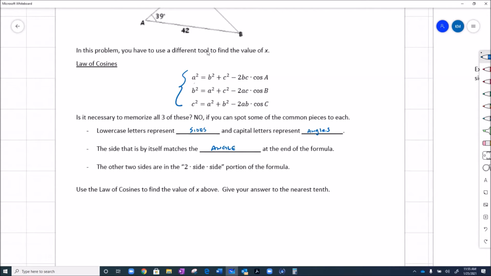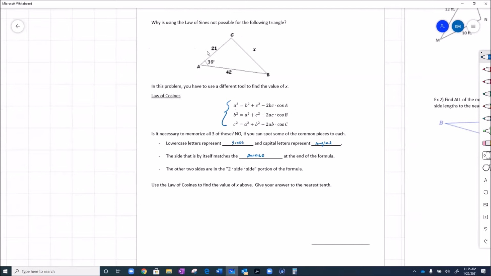So it says use the law of cosines to find the value of x above, give your answer to the nearest tenth. So we're looking for this value x.